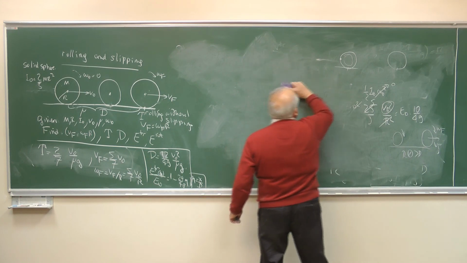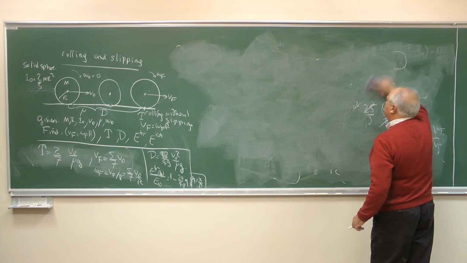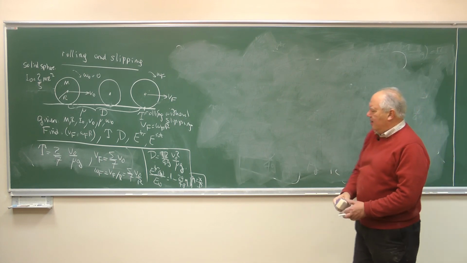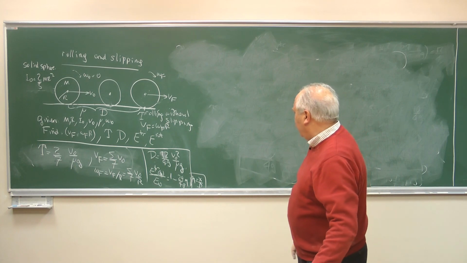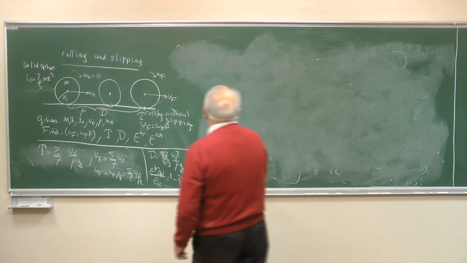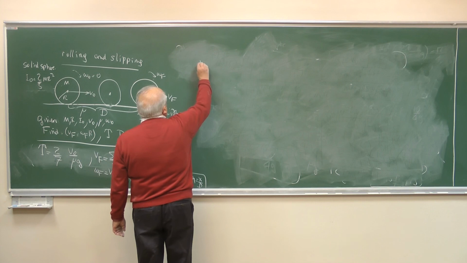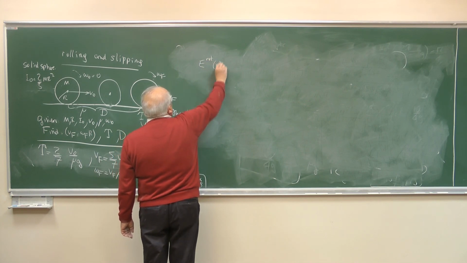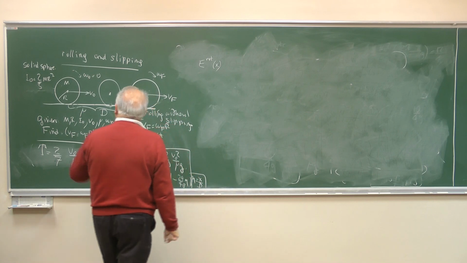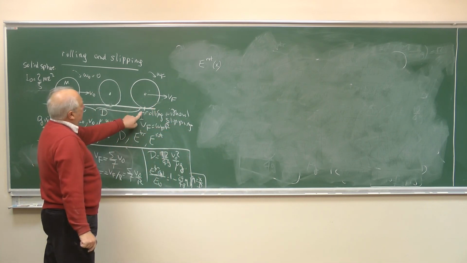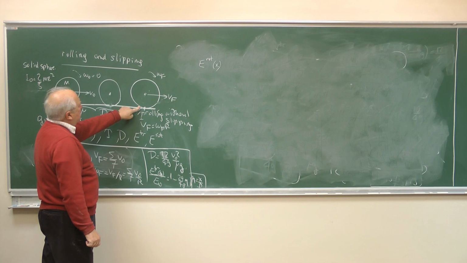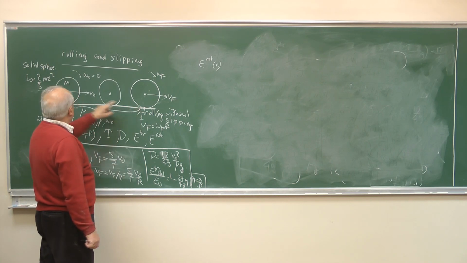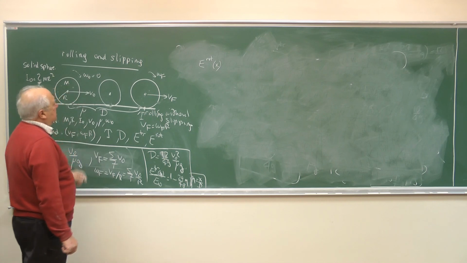One last item. E rotation at x. So from 0 to d, it comes at d, it is 20% of the initial energy E0, rotational energy.